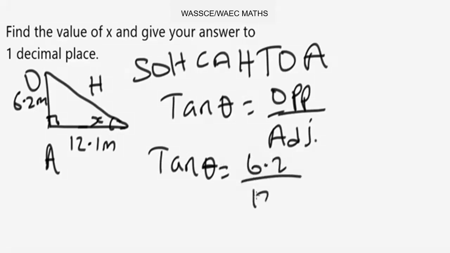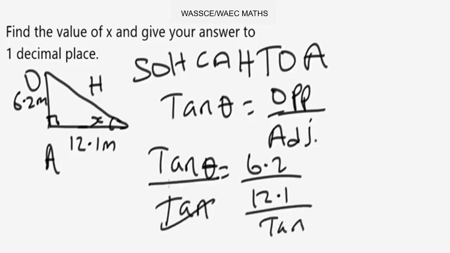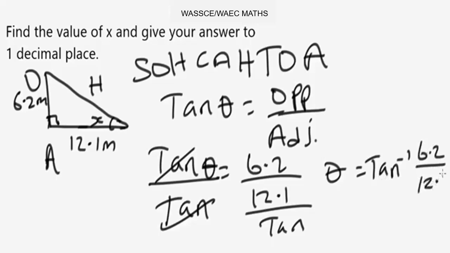All right, so to make theta the subject of the formula, you divide both sides by tan. So theta will now be tan inverse of 6.2 over 12.1.